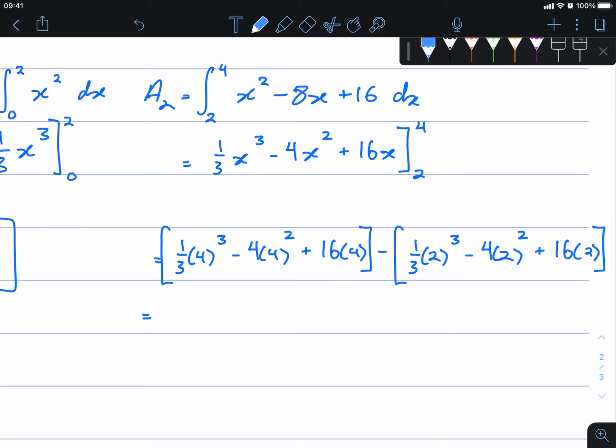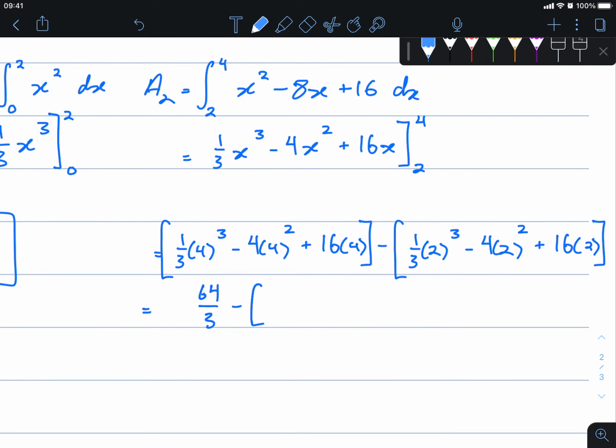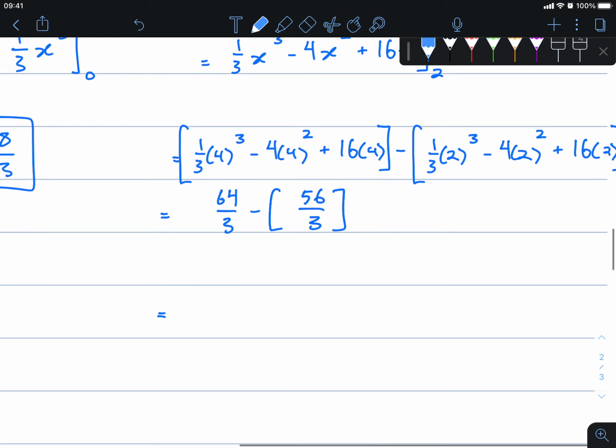So this first one is going to equal 64 on 3 minus, going through, replacing 4 with 2. We should get 56 on 3. 64 on 3 minus 56 on 3, we get 8 on 3.